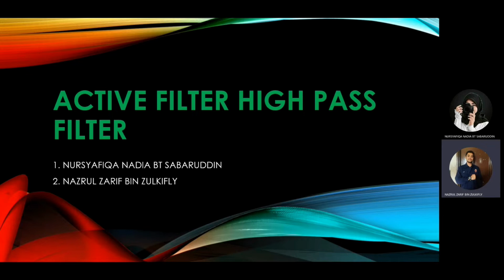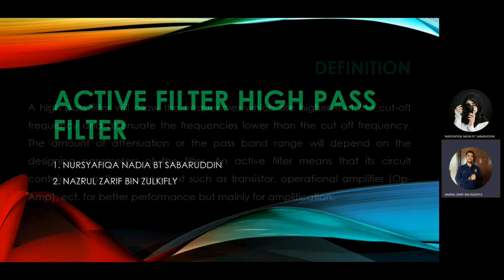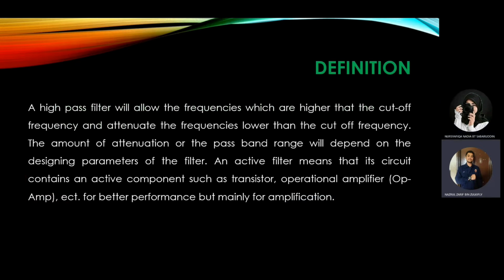We will explain about active filter or high pass filter. First is the definition. A high pass filter will allow the frequencies which are higher than the cutoff frequency and attenuate the frequencies lower than the cutoff frequency.